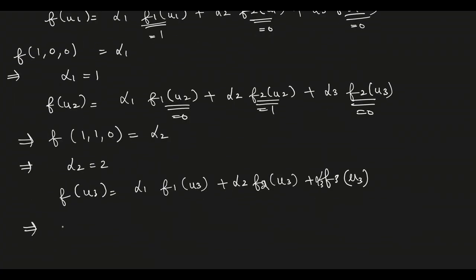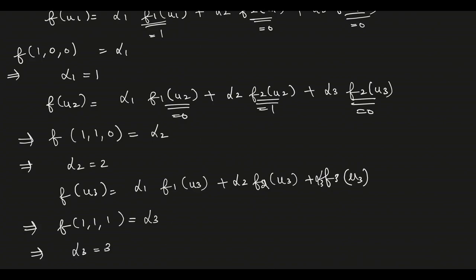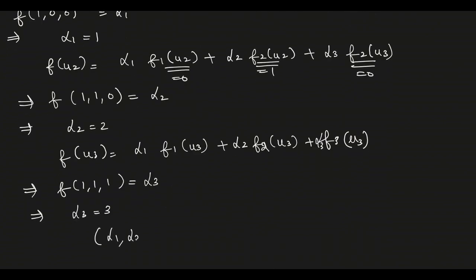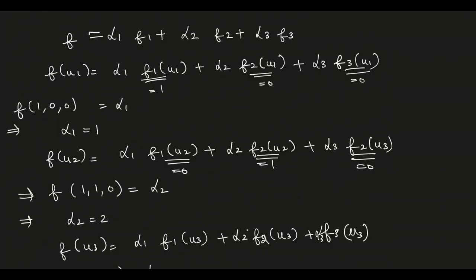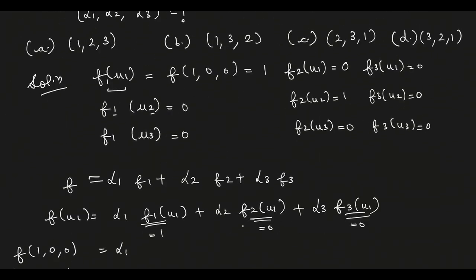From here f(u3) is f(1,1,1), alpha 3 is 3. So alpha 1, alpha 2, alpha 3 will be 1, 2, 3, so answer is option A.